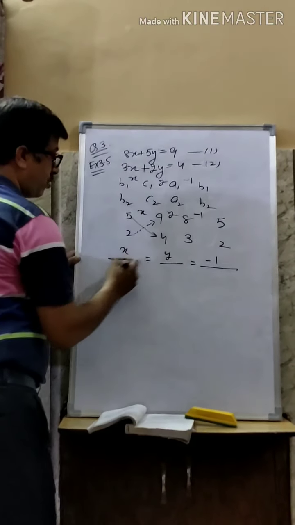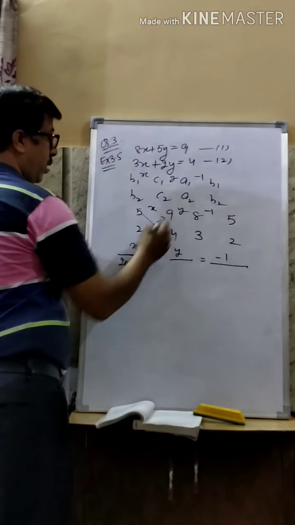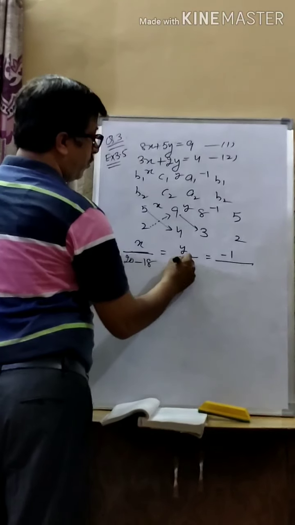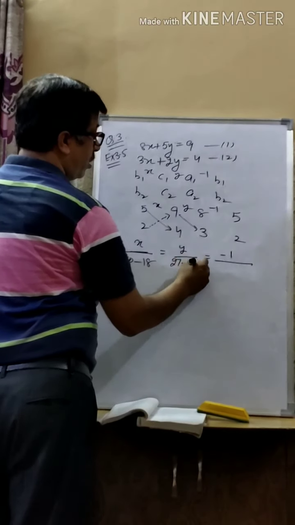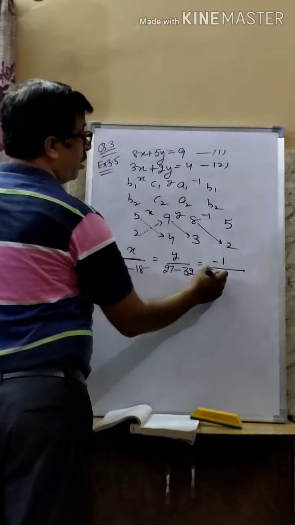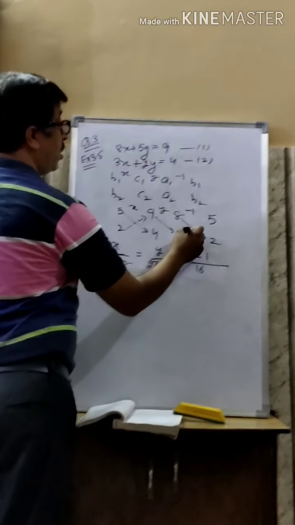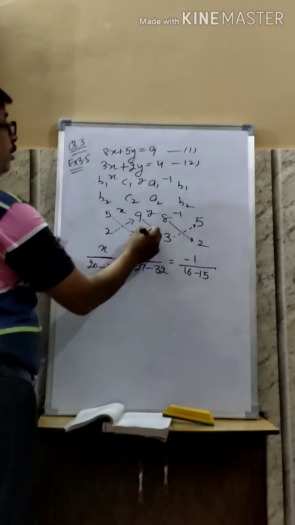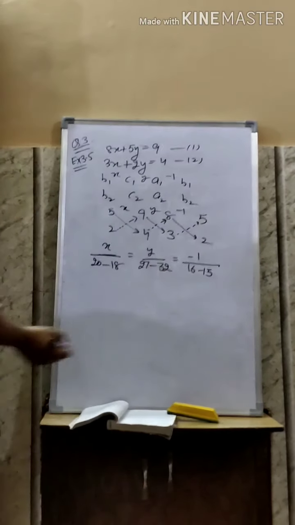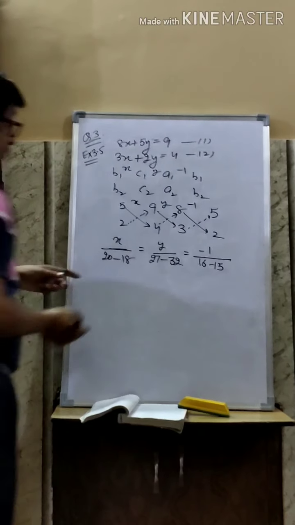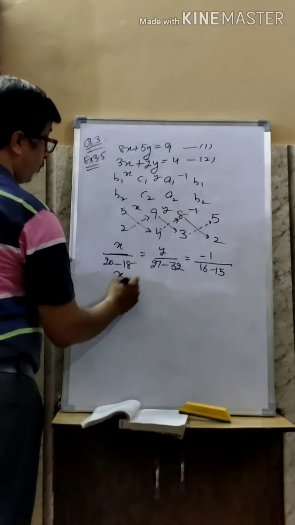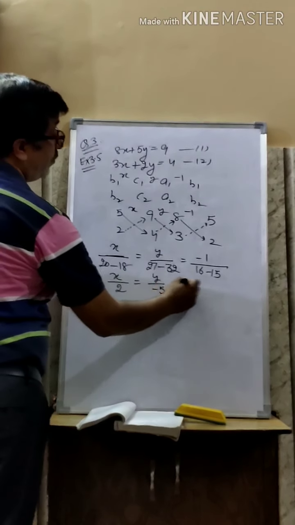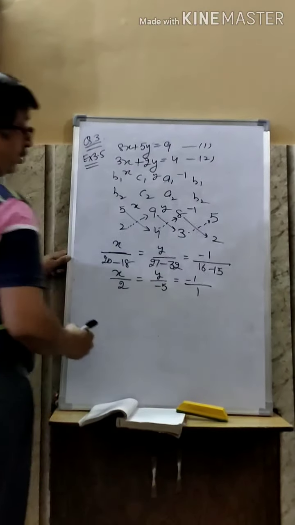Formula they have given: 5 into 4 is 20, 2 into 9 is 18, 9 into 3 is 27, 4 into 8 is 32, 8 into 2 is 16, and then minus 15, and here 4 into 8, minus 32. Clear? Now simplify this: x upon 2, y upon minus 5, minus 1 upon 1.